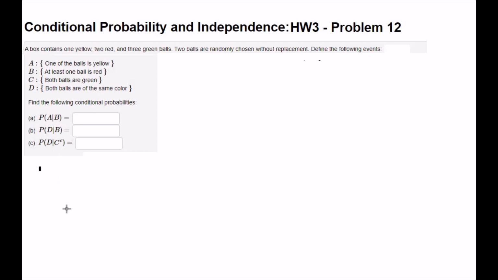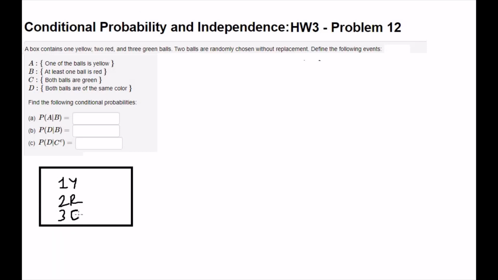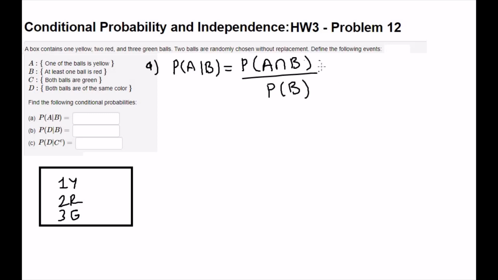Our box contains 1 yellow, 2 red, and 3 green balls. And in condition 1A, we are computing probability of A given B. By definition of conditional probability, this is their intersection over the given condition.